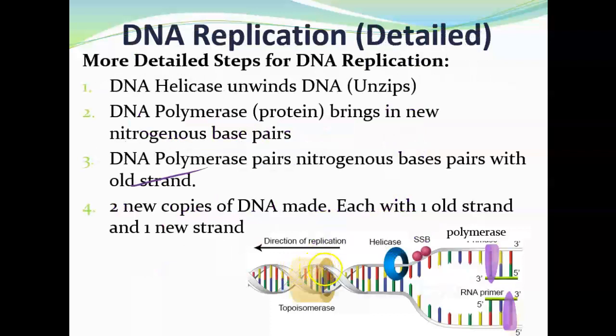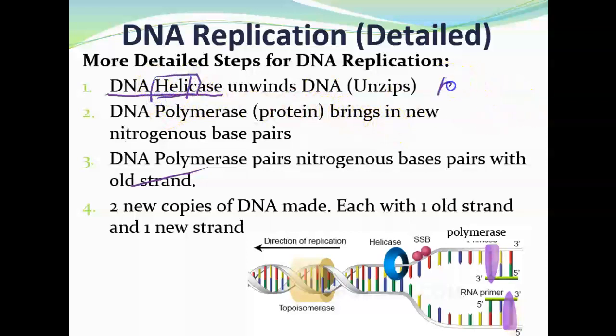DNA replication in detail. So what do you need to know for the test? You are for sure going to need to know some of these more important players, like DNA helicase. So helicase is the one that unzips the helix. Look at this root word here, helicase, helix, right?